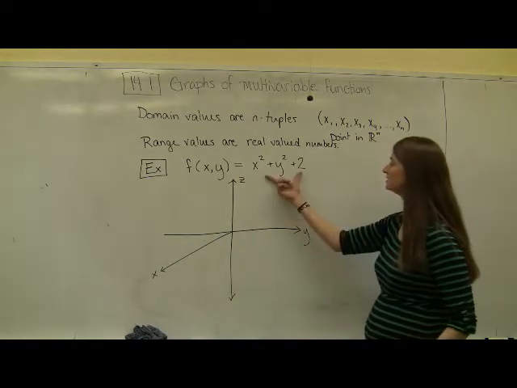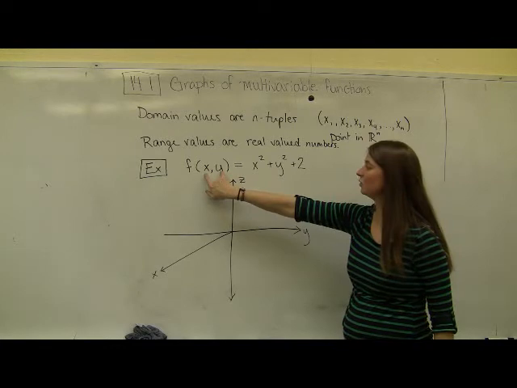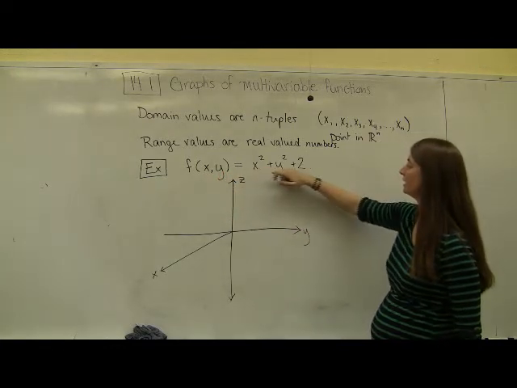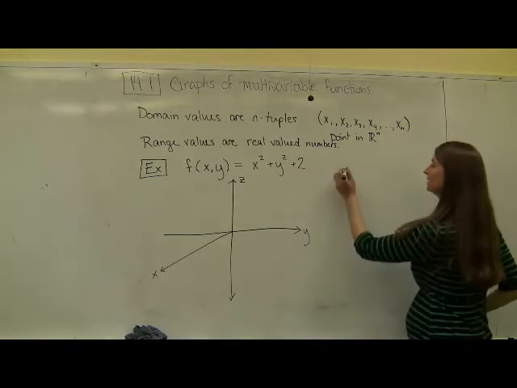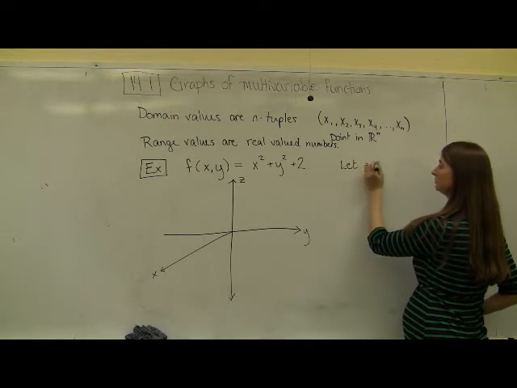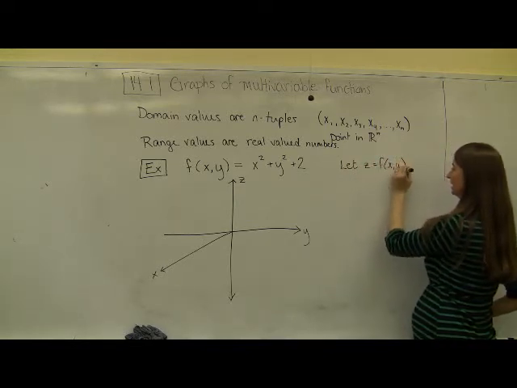I'm going to graph this in 3 dimensions. And so my input is an ordered pair, and my output is what I'm going to think of as my z value. So in this case, I'm going to let z be equal to f of x, y.